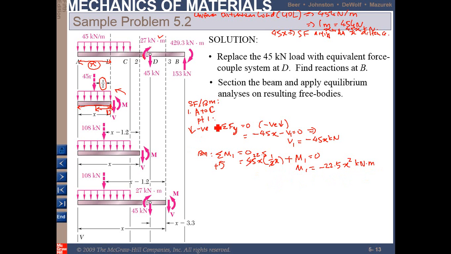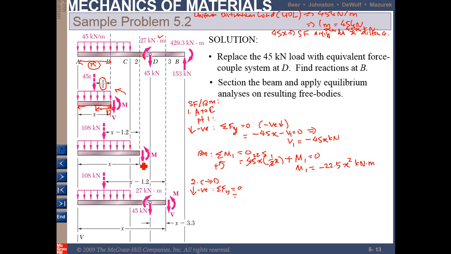Okay, so you got from A to C. Now from C to D, you also cut at one section, which is point 2. So the summation of all forces in Y direction, if you consider this as negative, should equal to 0.